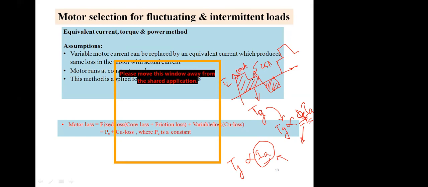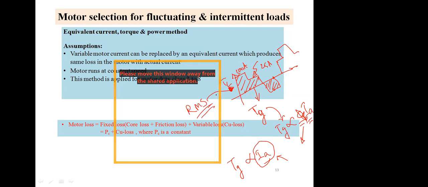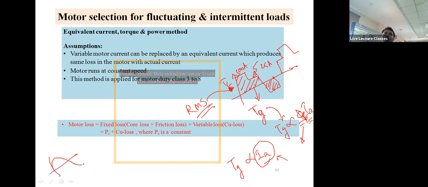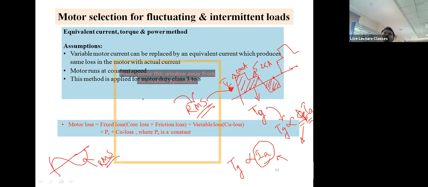So we can have an RMS value of this, like we used to have for sinusoidal currents. So we have to take an RMS, and that is called the load equalization.